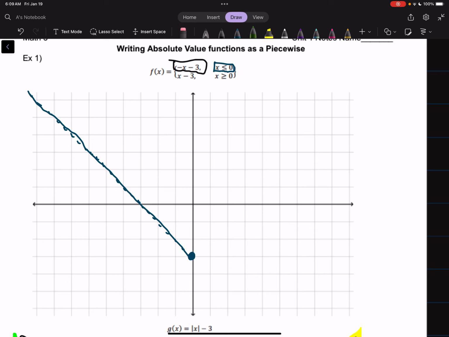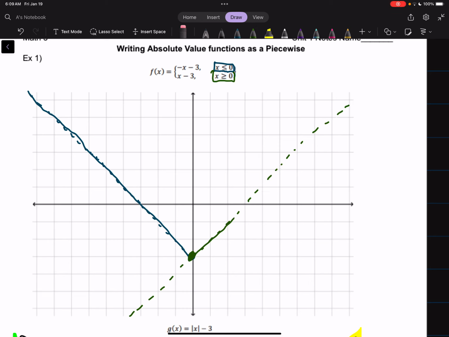The next portion, positive x minus 3. Starting again at negative 3 at the y-intercept. Dotting my line down and up to have both directions. I'm wanting this one where x is greater than or equal to 0 on the right side of the y-axis. Connect my dots to the right.